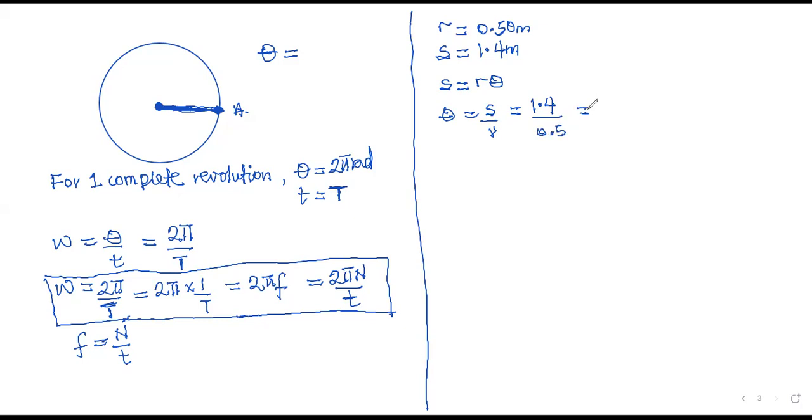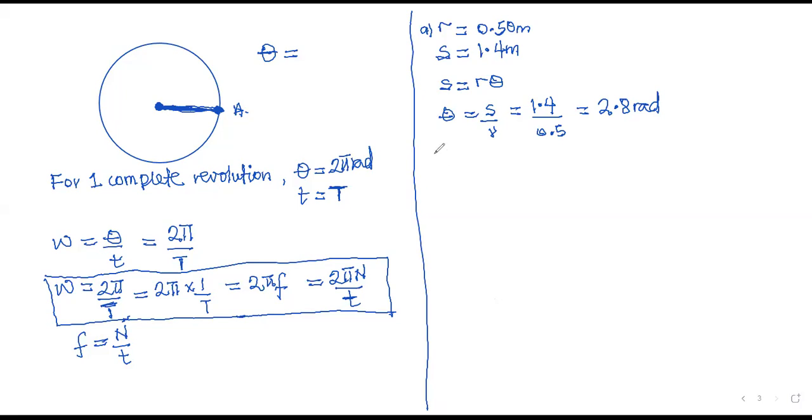This would give us 2.8 radian. So that's the answer for A. B. What is the angle in degrees?